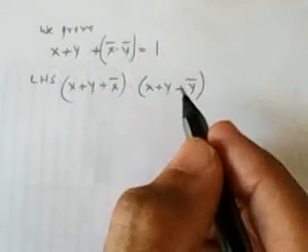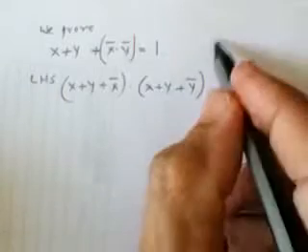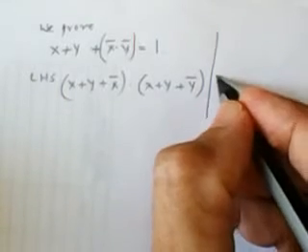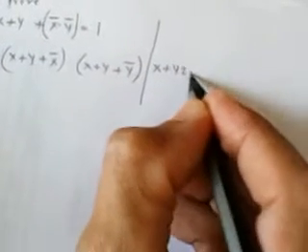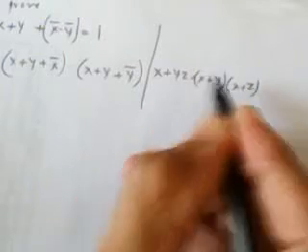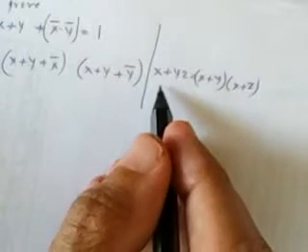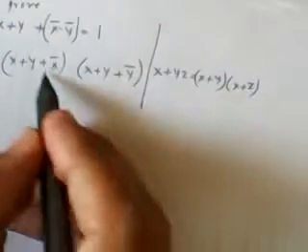This is how I will write it, because you know, using the distributive theorem x + yz = (x + y)(x + z), which you have already learned earlier, I will be writing this.